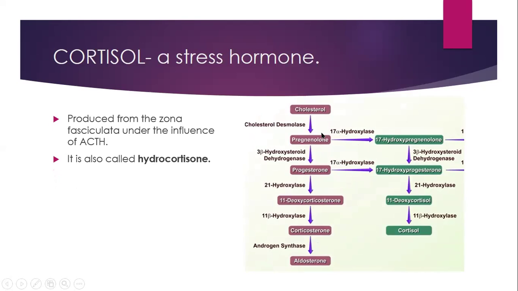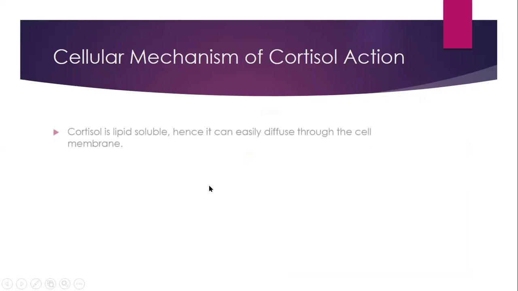In an exam, you need to know that pregnenolone is the common product in all the pathways because it contributes to all of them. This pathway is where we form our cortisol, and we have two important enzymes, 21 hydroxylase and 11 beta hydroxylase, which are very important for formation of cortisol.